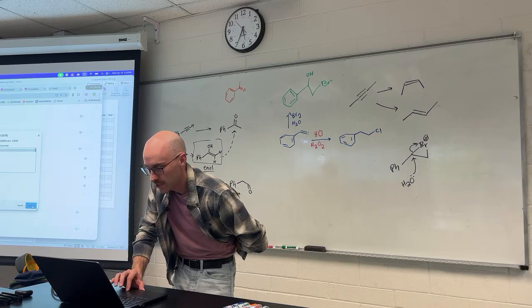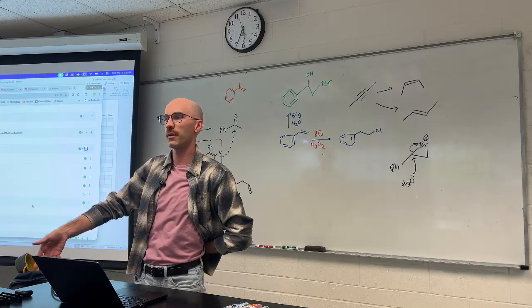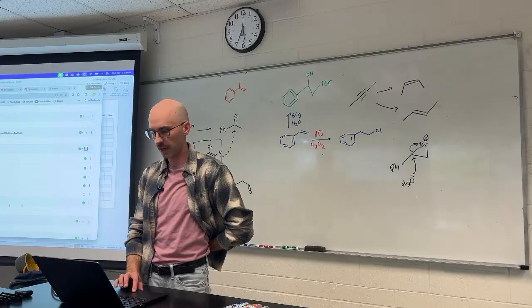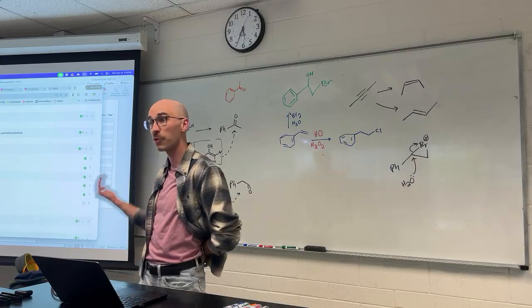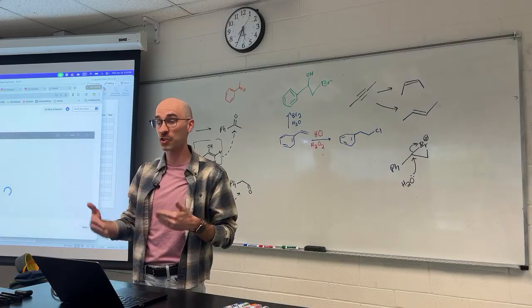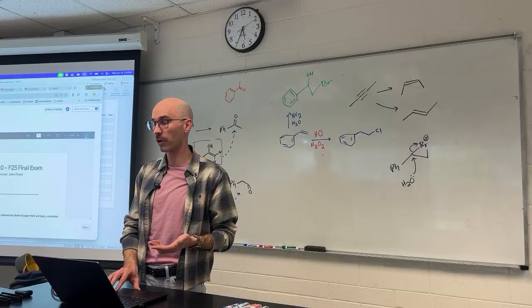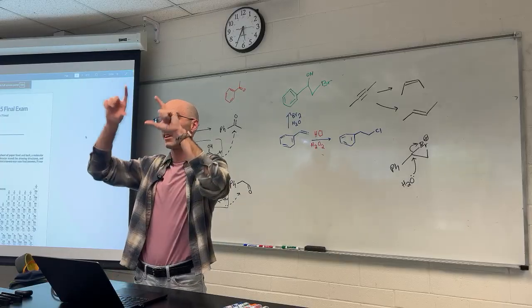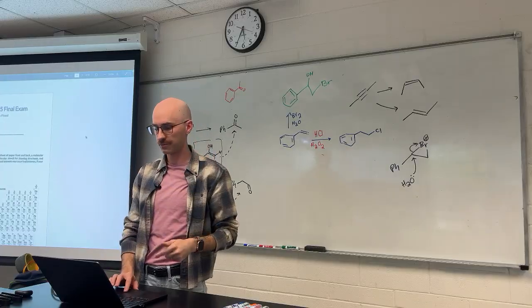I don't like to do questions that are just show me the product from 10 different reactions or fill in reagents from 10 different reactions. What I've decided that I like doing is a roadmap where I can have you show me products or reagents that are missing from a reaction, but it just keeps going and it's all related to each other.